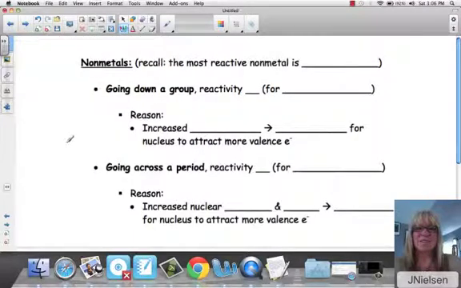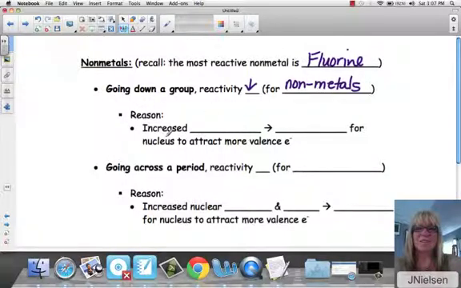Okay, let's talk about nonmetals. Recall the most reactive element in our nonmetals is fluorine. And going down a group, reactivity is going to decrease for nonmetals. Why? Because I'm getting further away from fluorine.